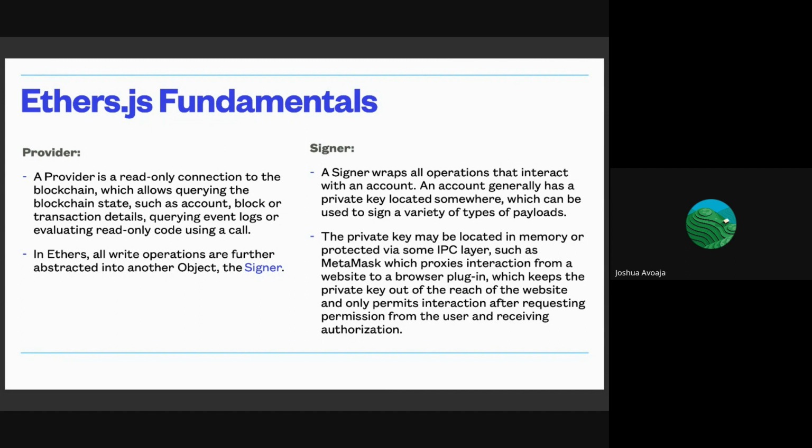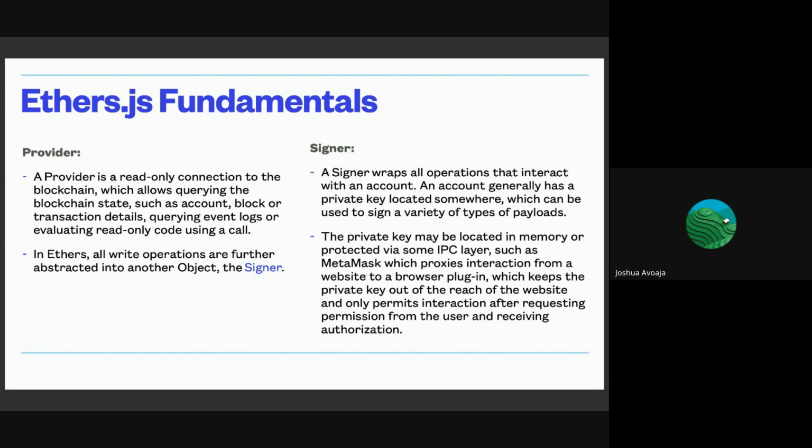A signer wraps all operations that interact with an account. For an account to be an account, it means that a private key is located somewhere, and this private key is used to sign any type of payload at all: a transaction, a message, anything at all.